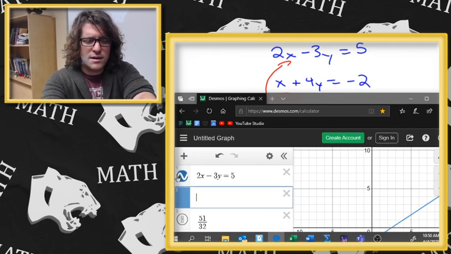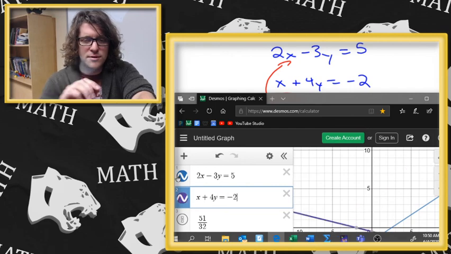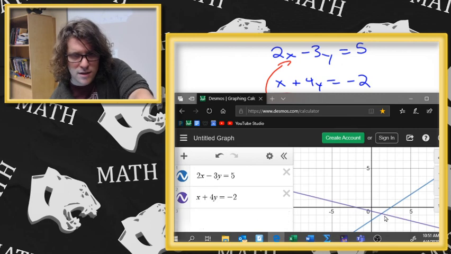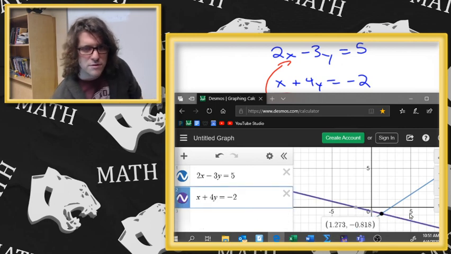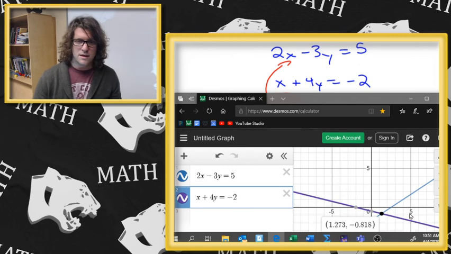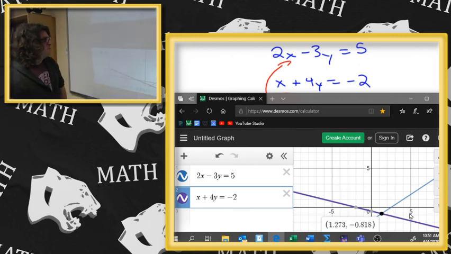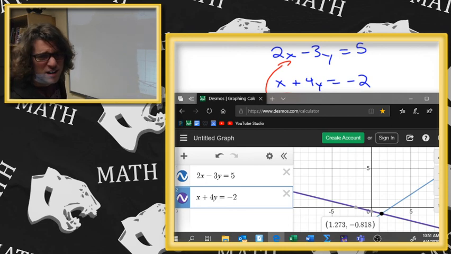Also, we had x plus 4y is equal to -2. So those are my two lines there. And hopefully this value here ends up being what we were hoping for, if I didn't make any mistakes.